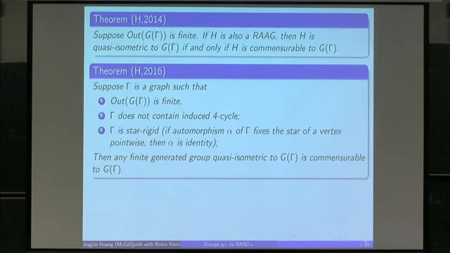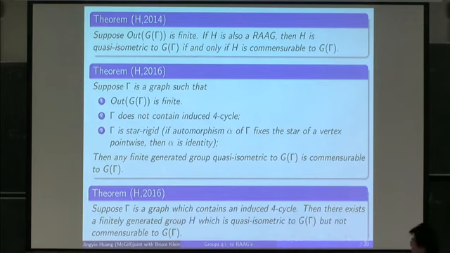It turns out that under these 3 assumptions, any finitely generated group quasi-isometric to this G of gamma will be commensurable to G of gamma. And it turns out that condition 2 is sharp, in the following sense: suppose we have a gamma which contains an induced 4 cycle, then we can always find a finitely generated group which is quasi-isometric to our RAAG G of gamma, but not commensurable to G of gamma.